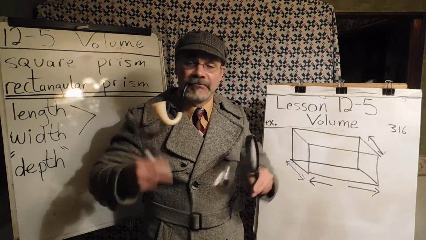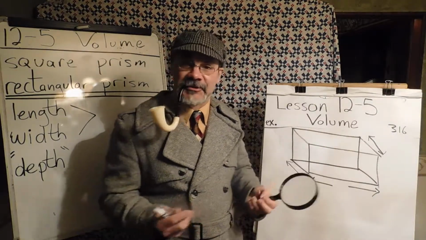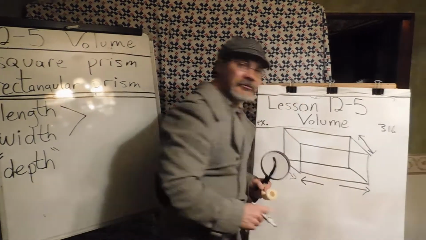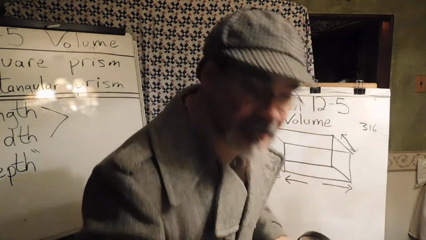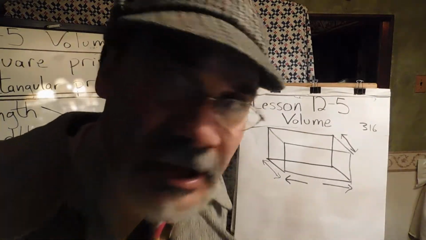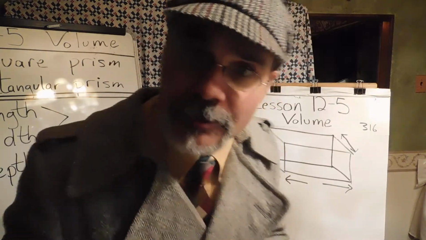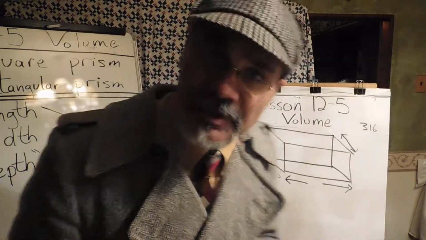All right. So listen, as with the previous lesson, we have 3 dimensions. And as I've said many times before, I don't care what you call the dimensions. Traditionally, the longest dimension is referred to as a length, so we will call it that. I'm taking this example right out of your book, the example on page 317 in your Pearson math textbook, which can be accessed through the Pearson Success Net.